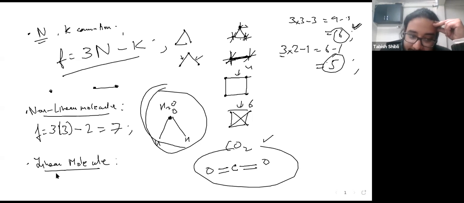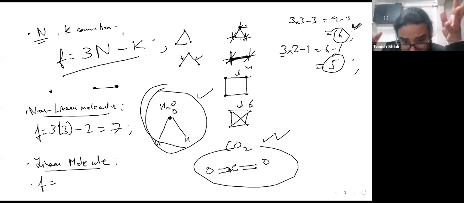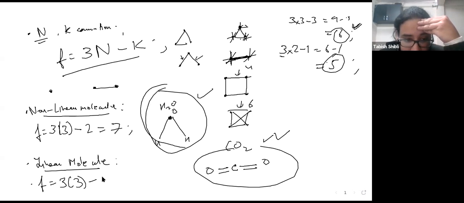Yes, it will be 7. Why would it be 7? Because again, it's the same thing as here. It did not matter because the number of constraints are the same and the number of atoms are also the same. So you have 3 into the number of atoms minus 2, which is again 7. Lovely.